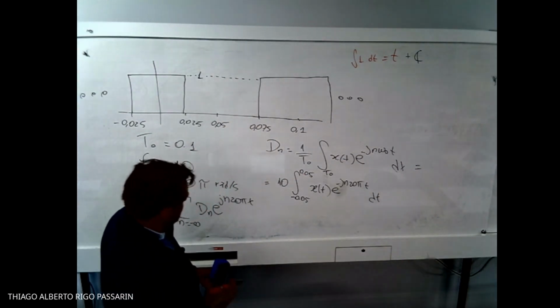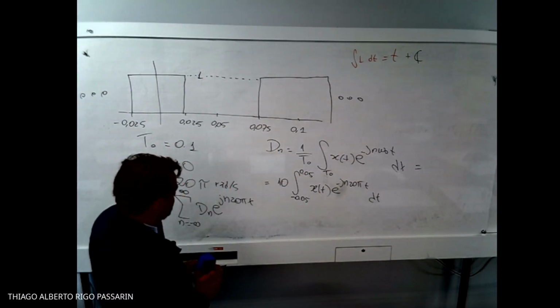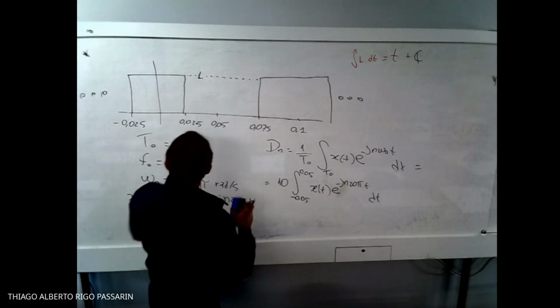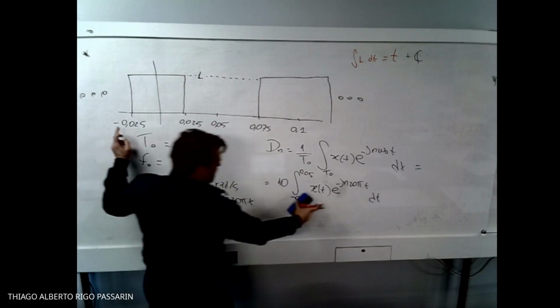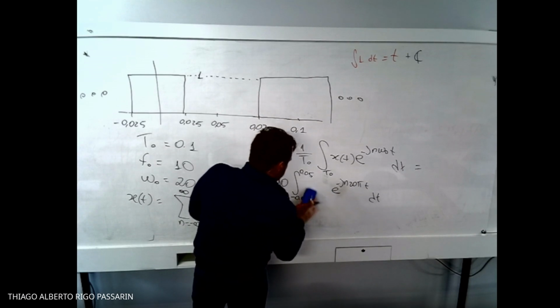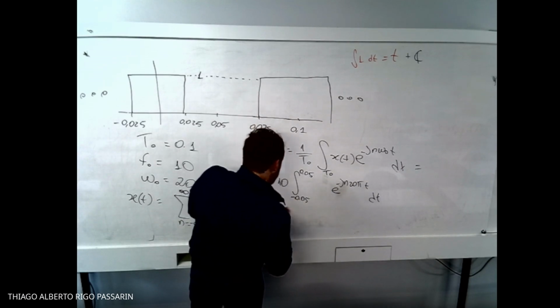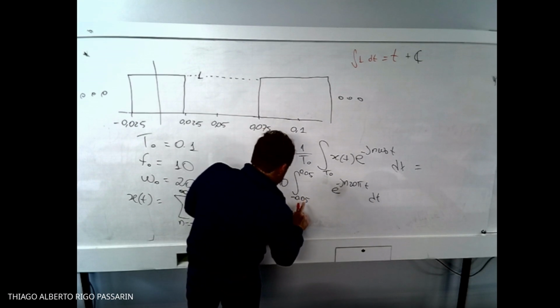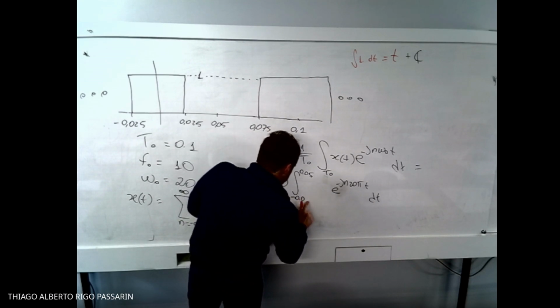Now I'll do something very similar to what I've done before. If I'm integrating here, multiplying by this, I can neglect this term from the equation and put 25 here.